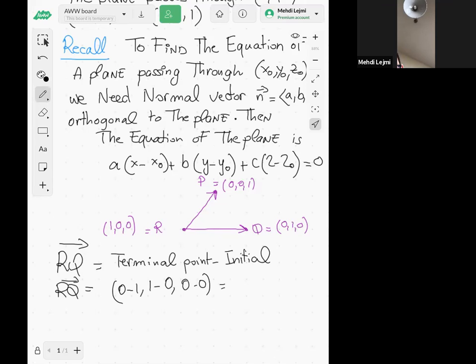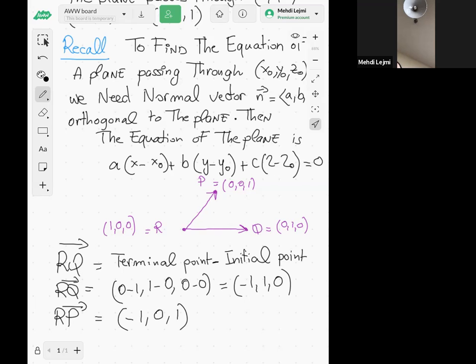So this is negative 1, 1, 0. So it's the 0, 1, 0 minus the 1, 0, 0. Now the other vector, it would be the vector RP. So RP would be just negative 1, 0, positive 1, right?